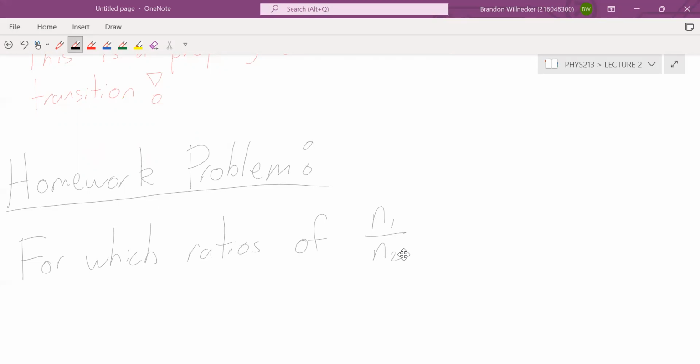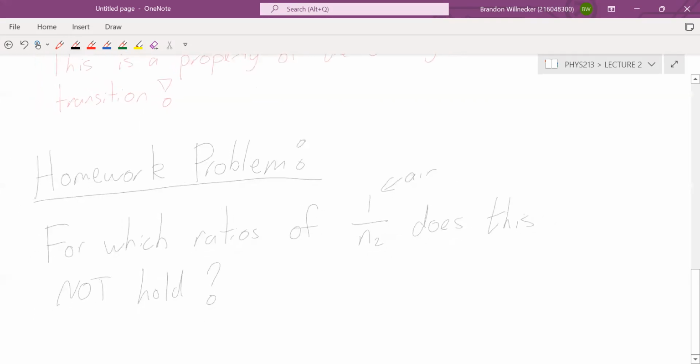So in this example, we looked at air to glass, but let's just say air to something else. So let's make this more specific and say 1 over N2. So the top one we just take as air, but we don't know what the bottom is. N2 is free to be something else. So for which ratios of air to some other substance does this not hold?